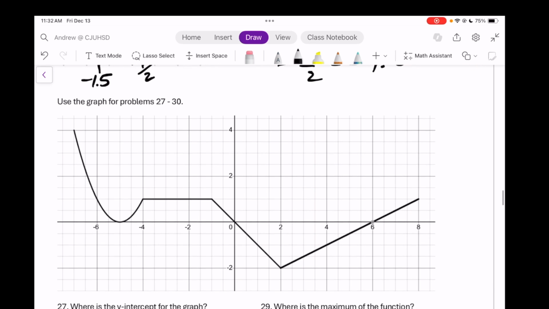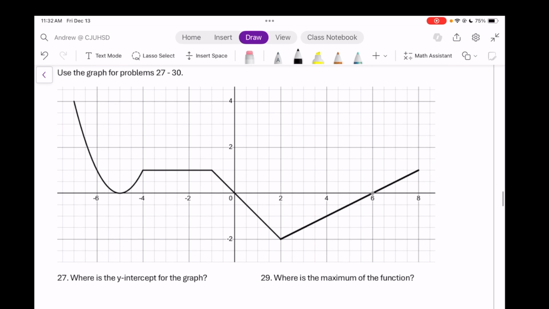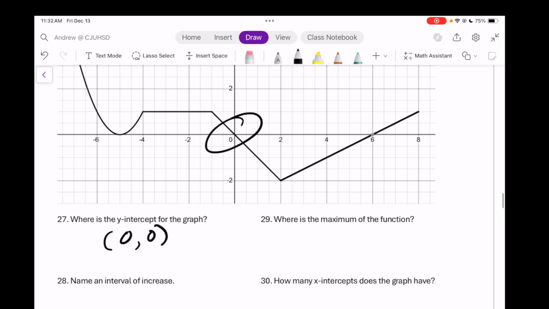Okay, we're going to use this graph for problems 27 through 30. 27, where is the y-intercept for the graph? It is right here, and that is 0, 0. 28, name an interval of increase. There's a couple of them here. One of them goes from -5 to -4.